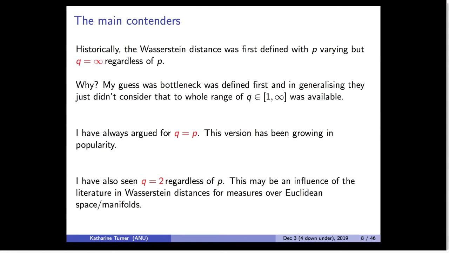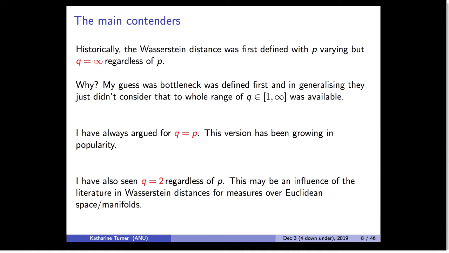Okay, so what are the main contenders? Historically, the Wasserstein distance was first defined with the p that varied, but the q was always infinity. It didn't matter what p was. So they took bottleneck distance and said, well, we want something with a different p, which is not infinity, so we'll just change the p bit.